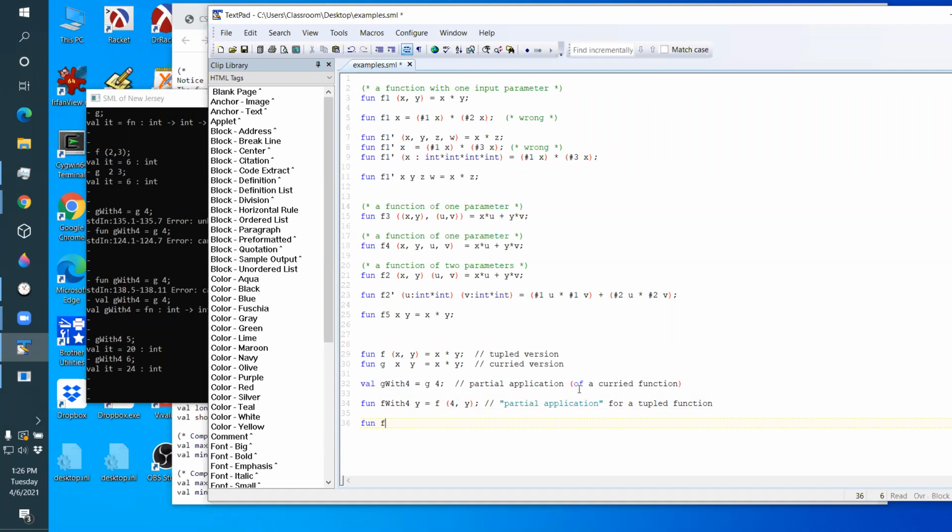I'll write this in kind of a Python-like notation. Int f of int x equal 4, comma, int y. The return value is return x times y.